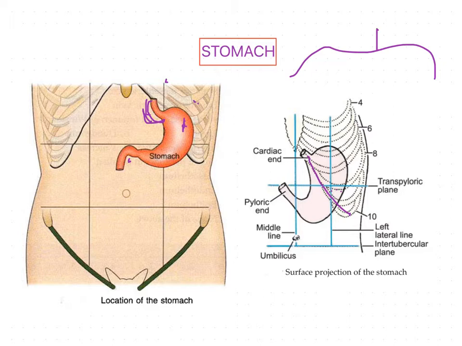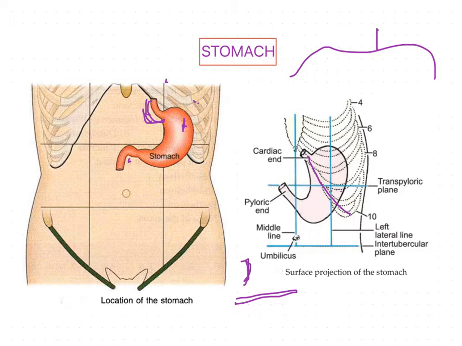For example, when the stomach is empty, it appears J-shaped and vertical. When it is partially distended, it becomes pyriform. And in an obese person, it lies almost horizontal.